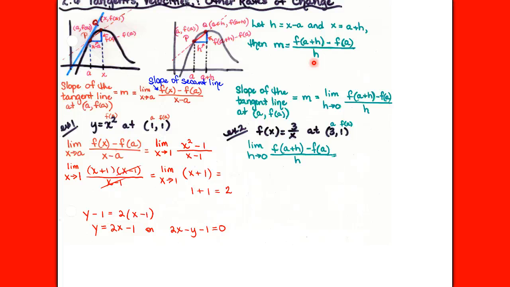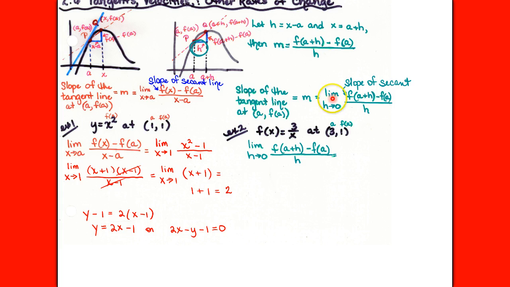And in that case, if I want the distance between these 2 points to be getting smaller and smaller, the distance between those 2 points is h. So I want h to be getting smaller and smaller and smaller. I want h then to be approaching 0. So I could say then that another definition of the slope of my tangent line at the point a, f of a would be the slope of that secant line, y2 minus y1 over x2 minus x1, that we created right up here.